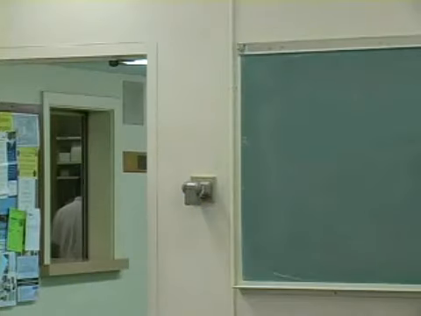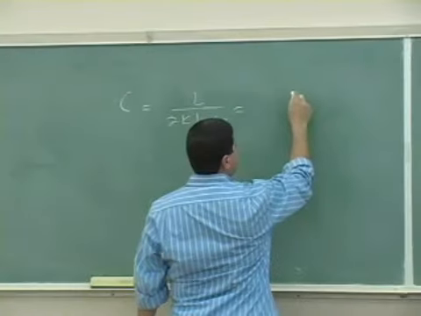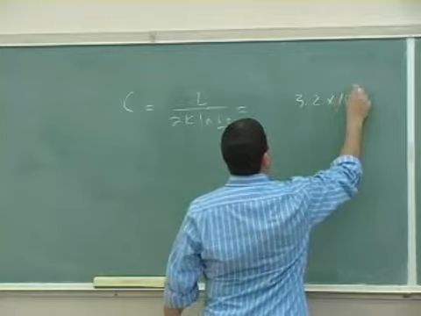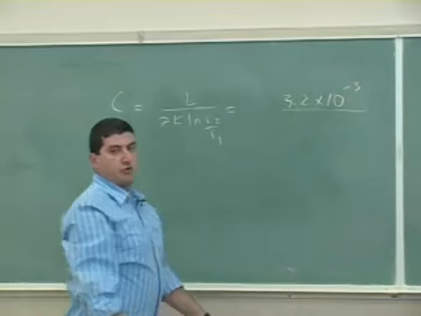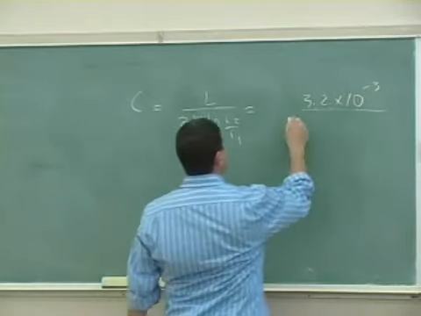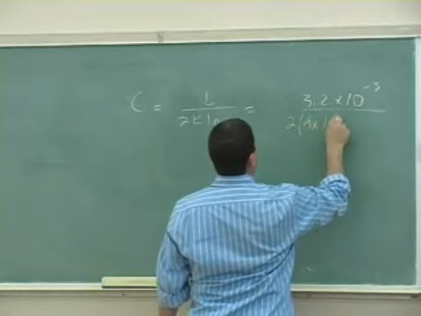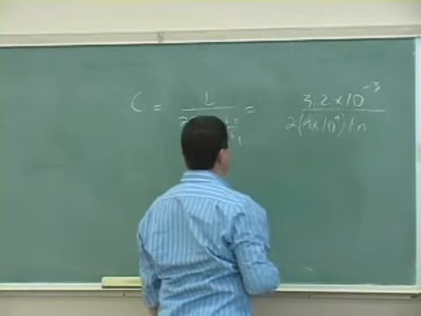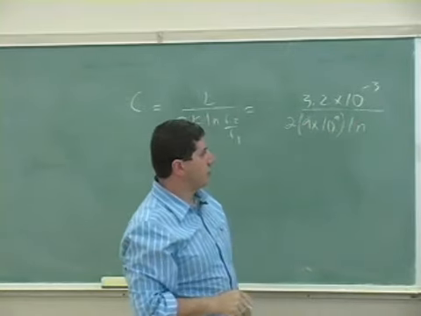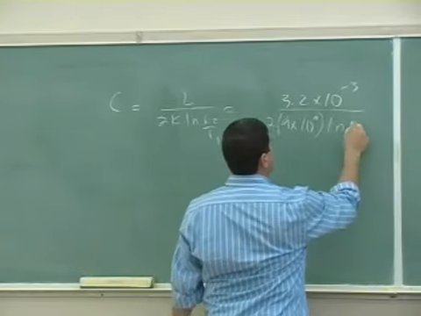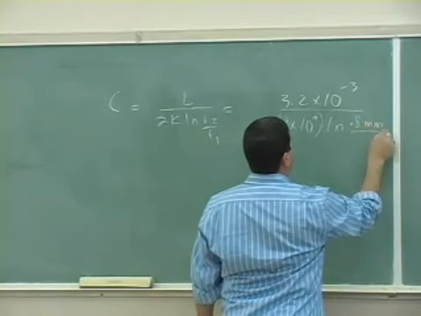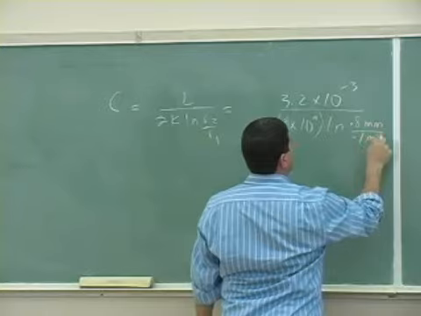So we could say L is 3.2 times 10 to the minus 3. ln of R2 over R1, R2 is equal to 0.8 millimeters, R1 is 0.1 millimeter.